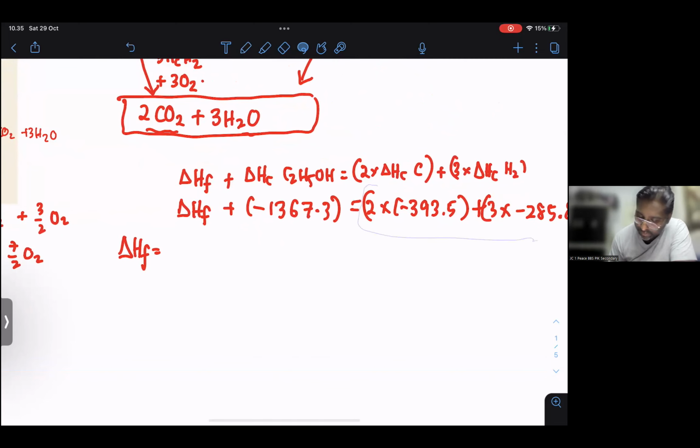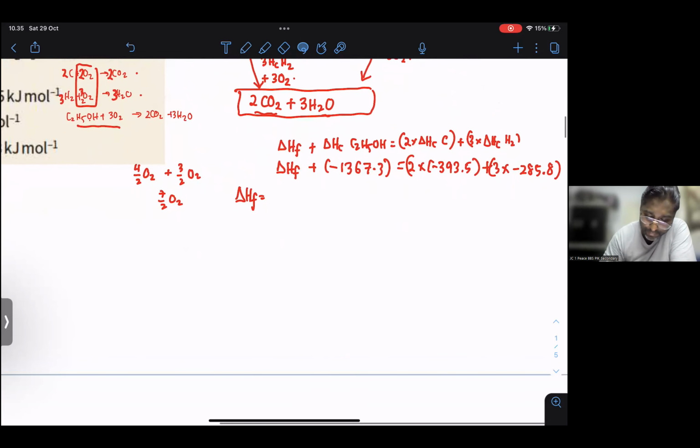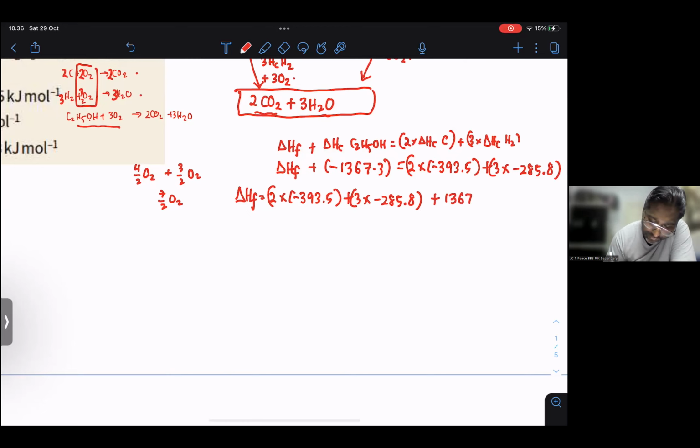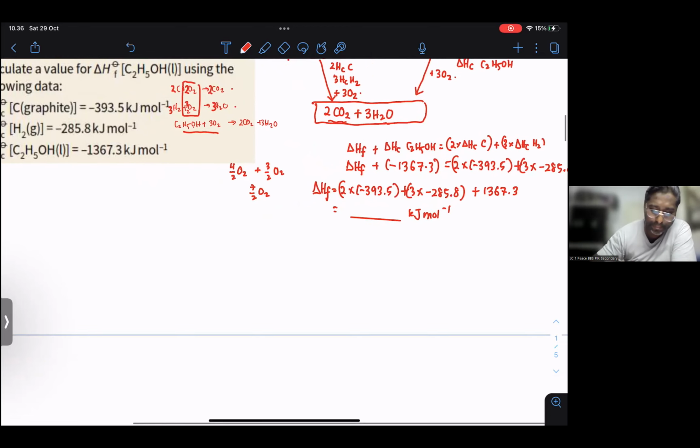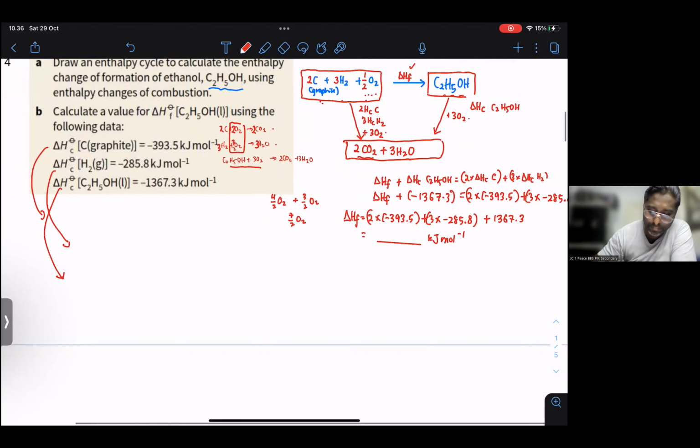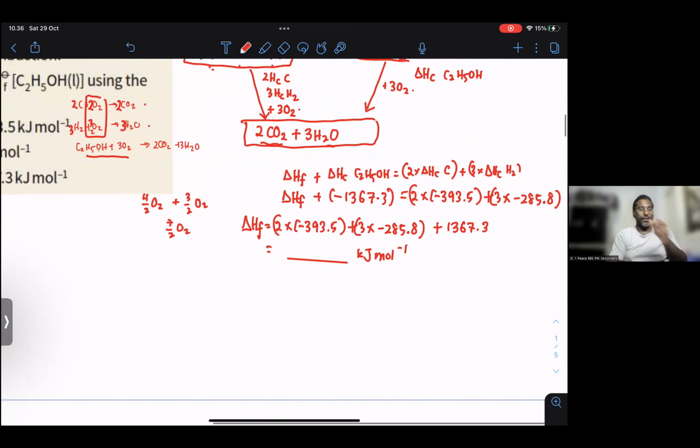You help me to calculate. Then this one go there is going to be plus 1367.3. What is the kilojoule per mole? Help me to calculate, and that will be your answer.